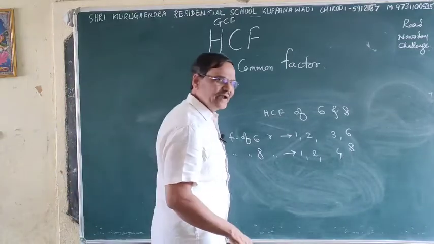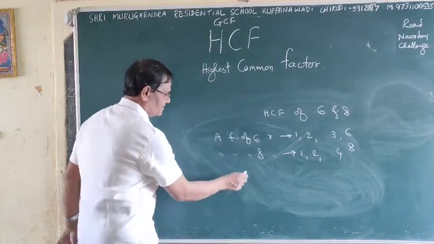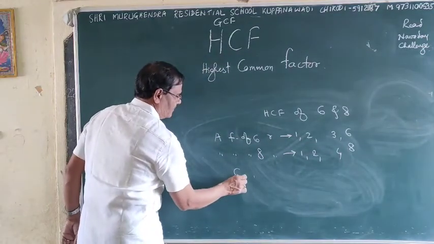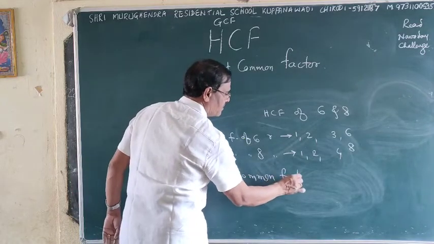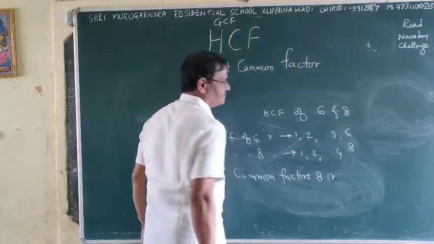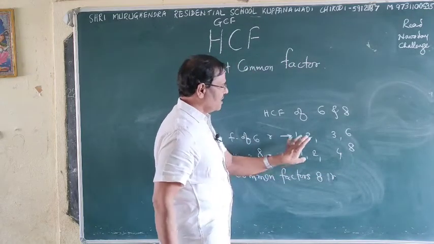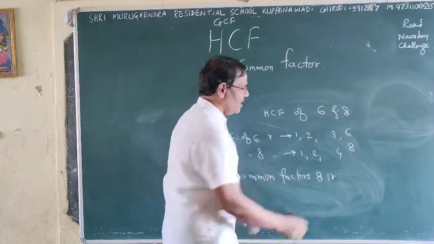Then which are common factors? Of all the factors you have written, the common factors of 6 and 8 are 1 and 2. 1 and 2 are common factors.